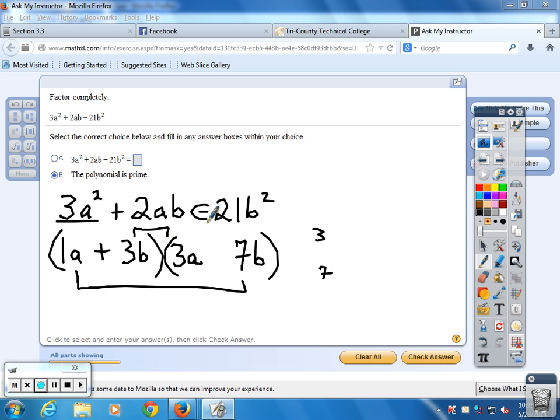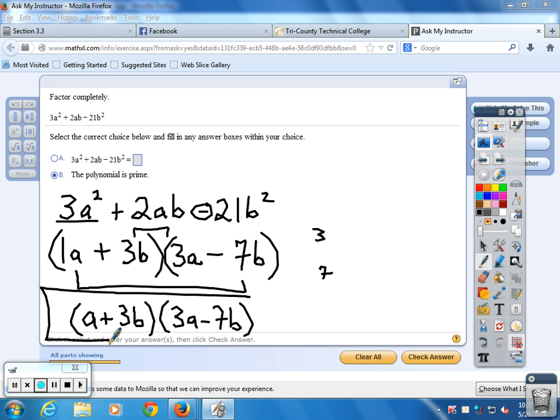What does this mean? Like or unlike? Unlike. So your final answer is a plus 3b times 3a minus 7b. And that's your final answer. Reverse FOIL. Pronounce it however you would like.